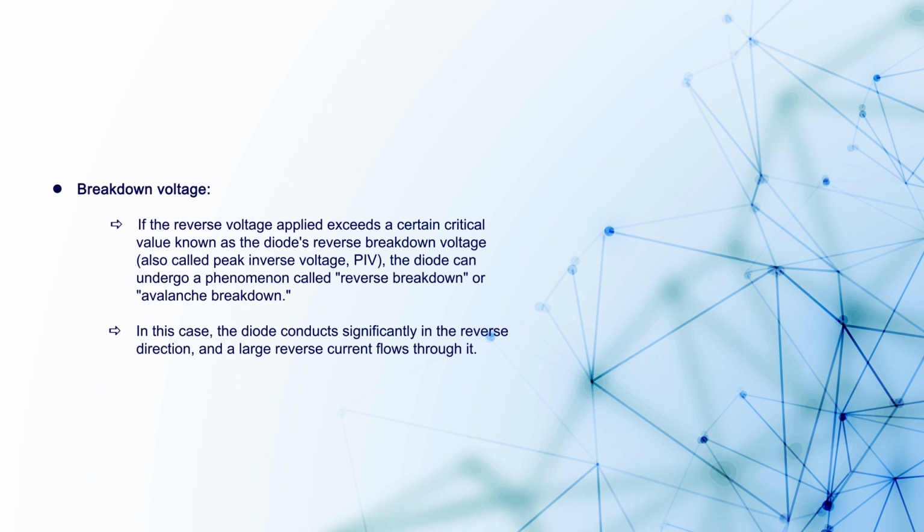As we have discussed earlier, for every device there are certain limits. So, for a diode these limits are for the forward direction and also for the backward direction.